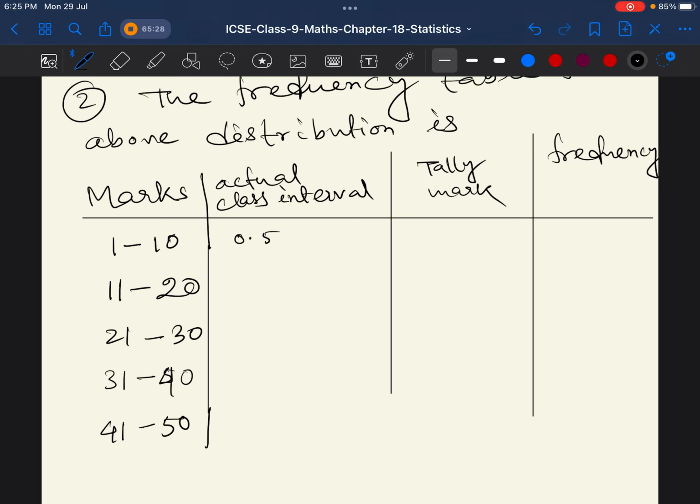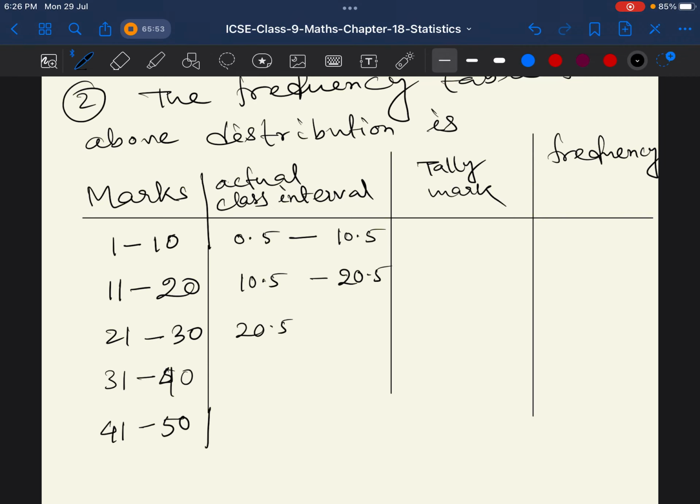Okay, so we subtract 0.5, the adjustment factor, from the lower limit 1 to get 0.5, then add it to the upper limit, that will be 10.5. Then subtract 0.5 from 11, this will be 10.5, and this is 20.5, add.